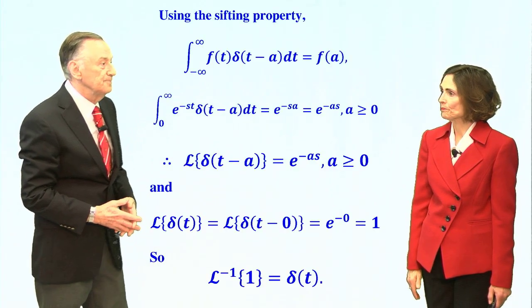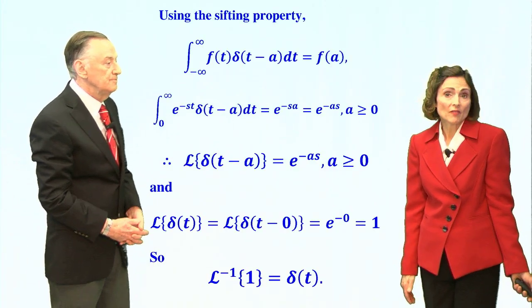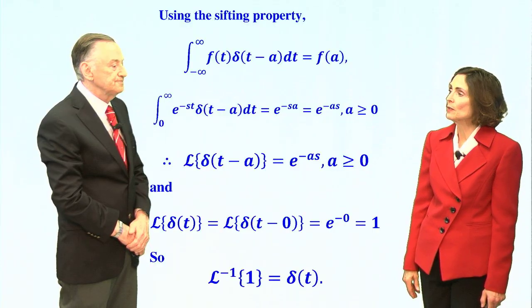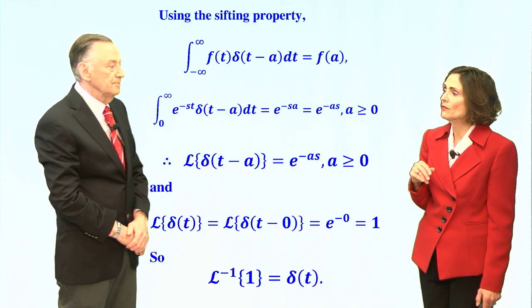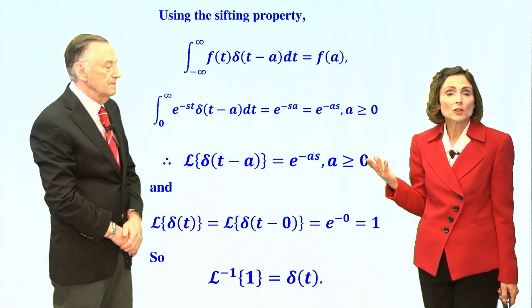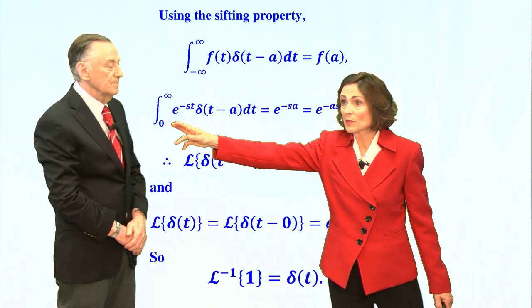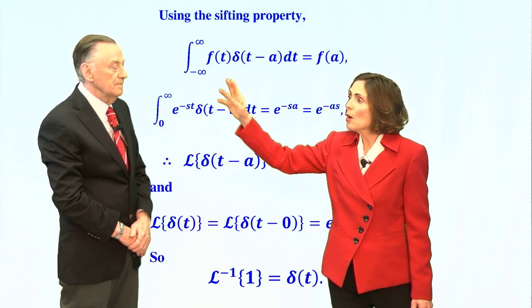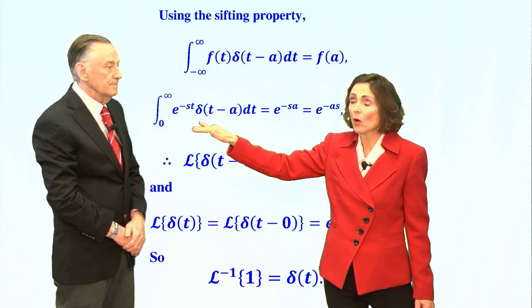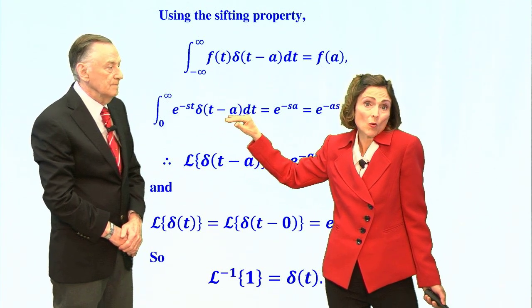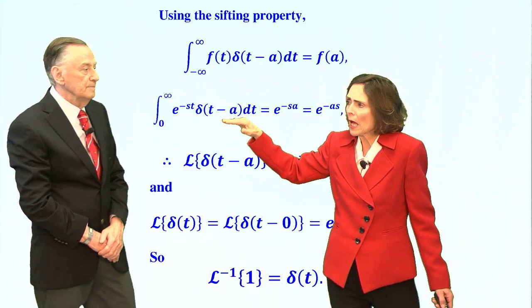Well, now let's find the Laplace transform of delta of t minus a. We'll make use of the sifting property. The definition of the Laplace transform is the integral from 0 to infinity, but I can use the sifting property. First of all, delta of t minus a is 0 until t gets up to a.